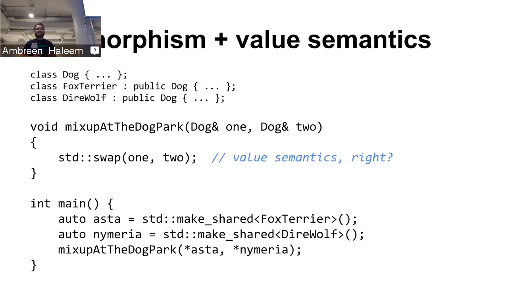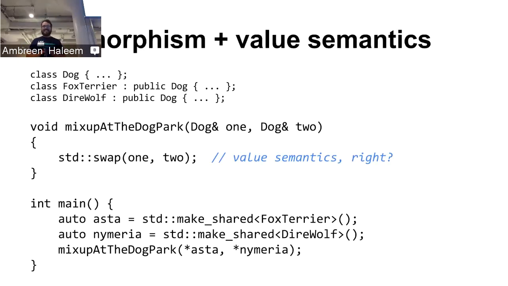Turns out that does not work very well when they are different sizes. This will not at all do what you want. There will be some splicing involved because we're going to be move constructing a plain old dog from a fox terrier, and then we're going to be trying to move that dog into a direwolf, and I don't even know if that's going to compile, depending.